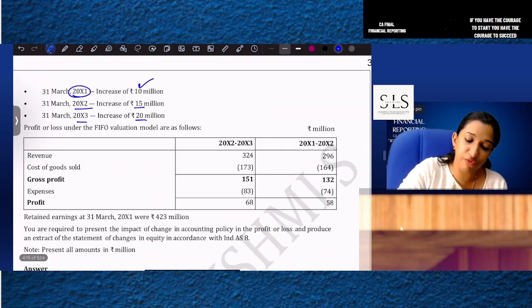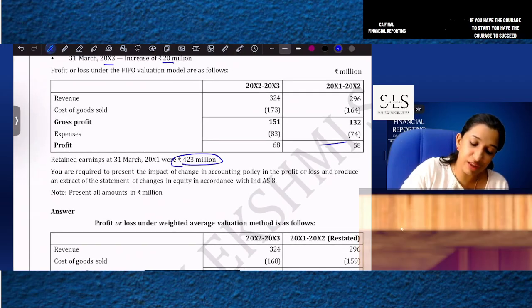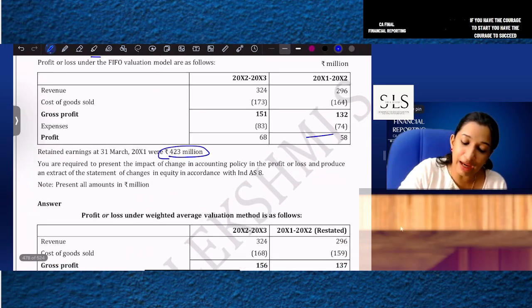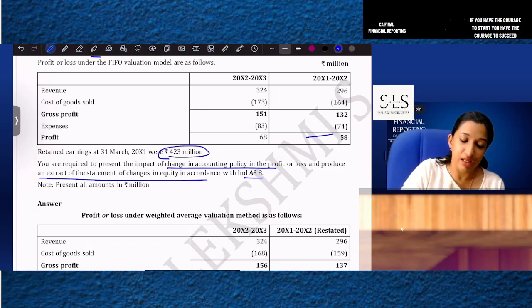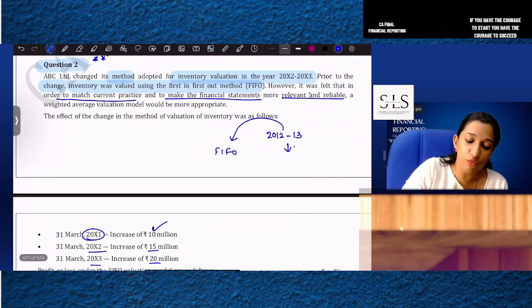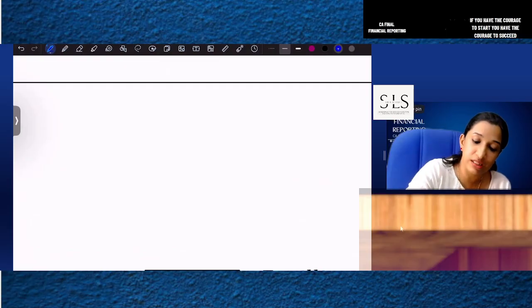Profit or loss under FIFO valuation is given, opening retained earnings is given. You are required to present the impact of change in accounting policies in P&L and produce the extract of statement of equity in line with Ind AS 8.